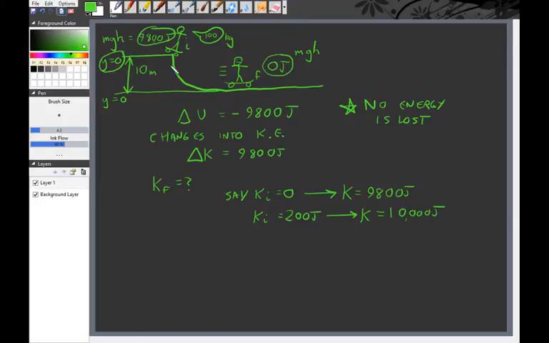How would that change the problem? Would that make your delta U different if you made y equals 0 at the top of the ramp? Okay? So I want you guys to think about that. If we change where y equals 0 is and put it at a different place, is that going to make the delta U end up being different? Okay? Think about that. All right.